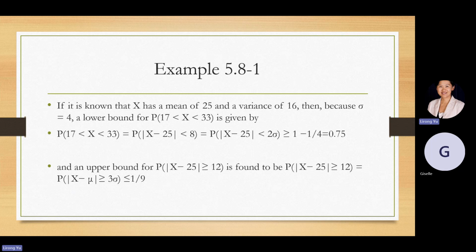Realize 33 minus 25 is 8, and 17 minus 25 is negative 8. So this has a deviation of 8, and this has a deviation of negative 8. So the data within this boundary, minus 25, will have an absolute value less than 8.